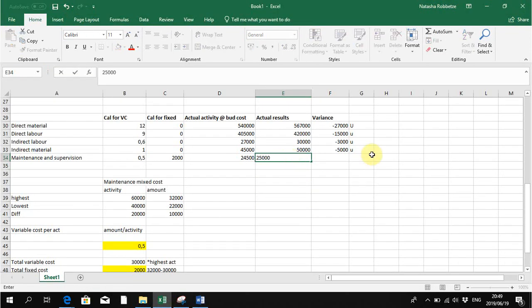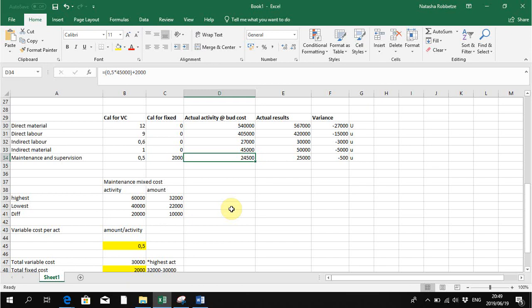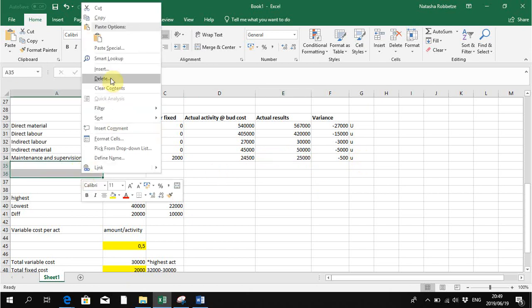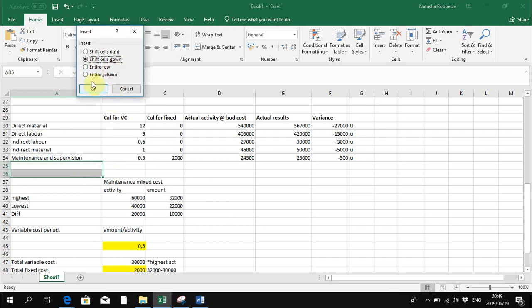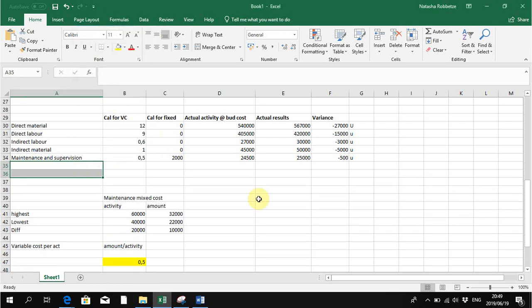Right, so again, it's unfavorable because I overspent. I was allowed by the budget to spend 24,500. I actually spent 25,000. I overspent, and therefore it's 500 Rand, which is now unfavorable. I just want to insert more rows here.